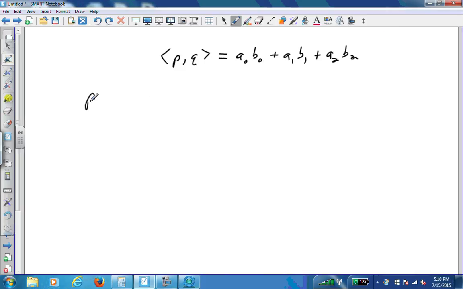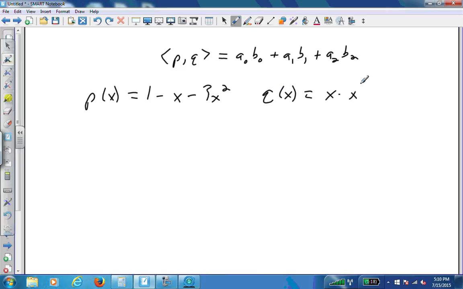So let's say that p of x is 1 minus x minus 3x squared, and q of x is x minus x squared. So this would be a sub 0, a sub 1, a sub 2. Here, b sub 0 would be 0 because there's not a constant. This would be b sub 1, b sub 2.